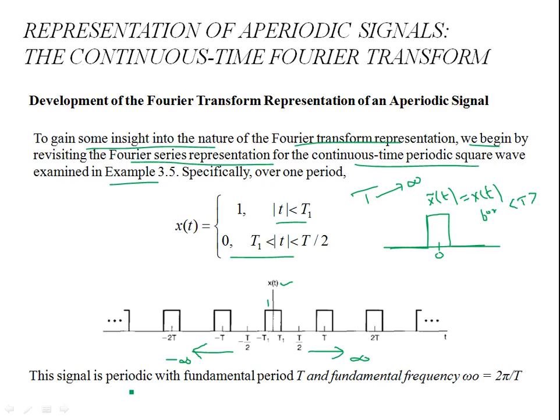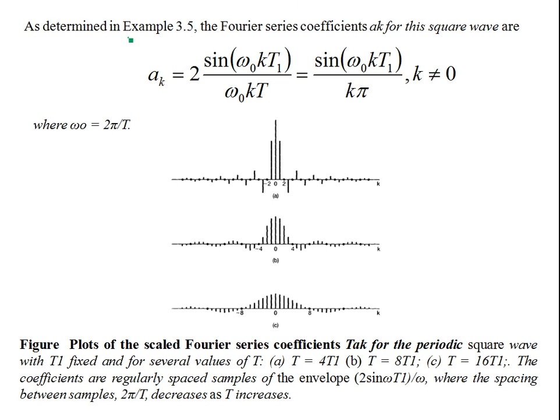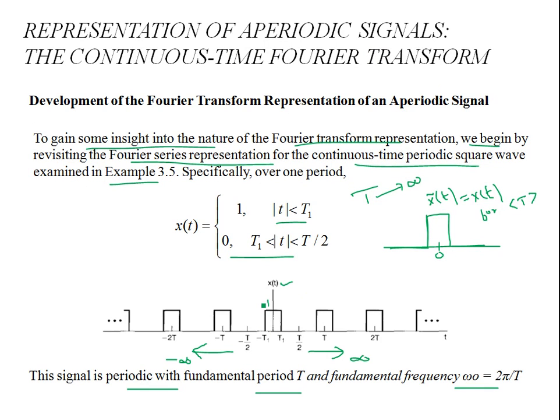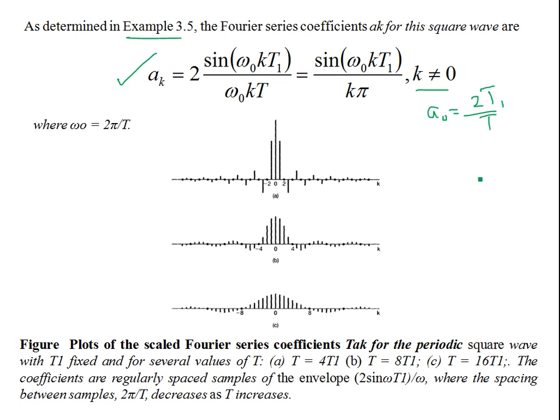If you recall, the signal is periodic with period T and fundamental frequency 2 pi by T. In example 3.5, we evaluated the Fourier coefficients as such, where k is not 0. For k equal to 0, the coefficient a naught was the average of this rectangular pulse over one period, so it was 2T1 by T. The average of x(t) dt over one period is 2T1 by T. These two expressions are equivalent, because omega naught T is 2 pi.